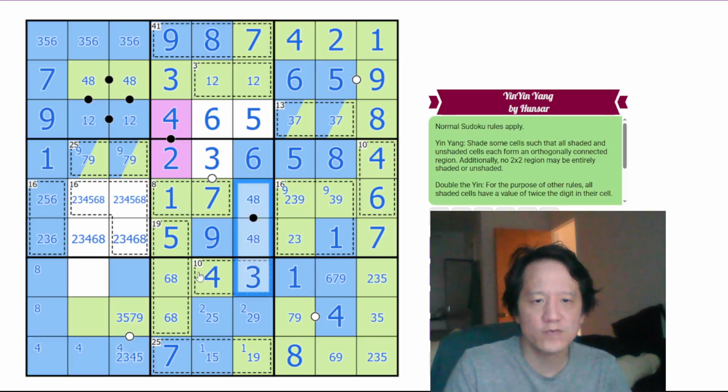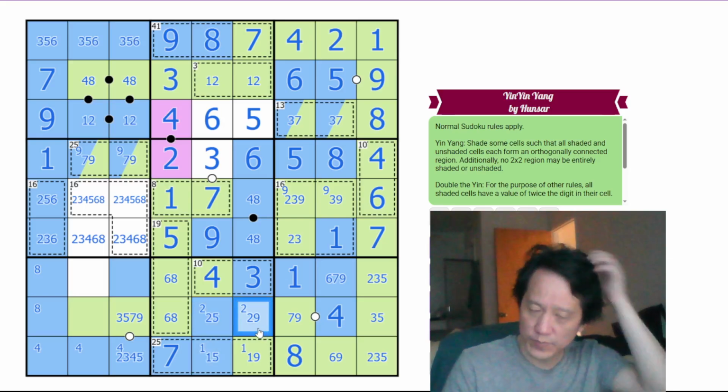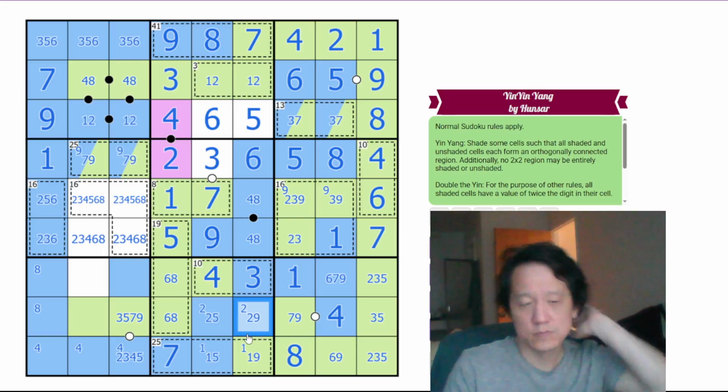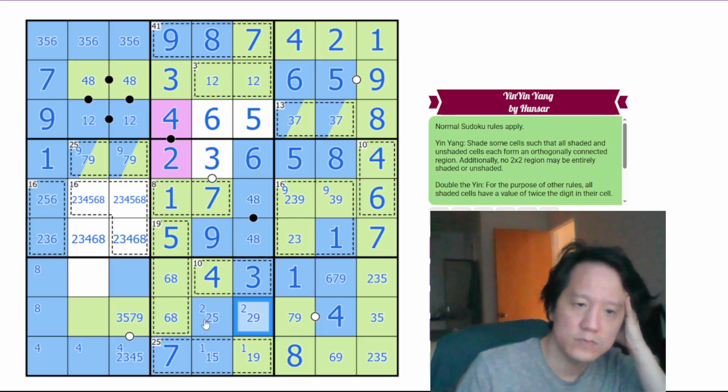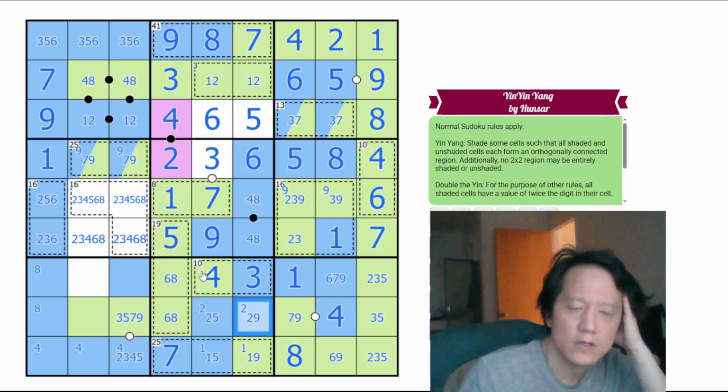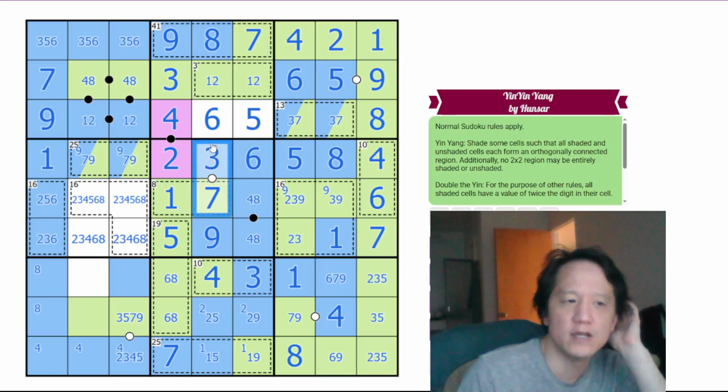This is 3, 4. This has to be 3 doubled, because 3 as a value is not consecutive with 7. Okay.